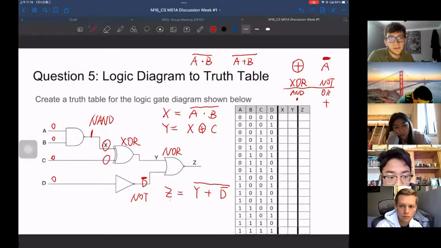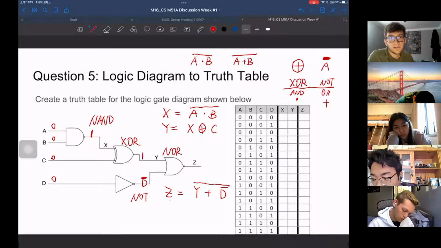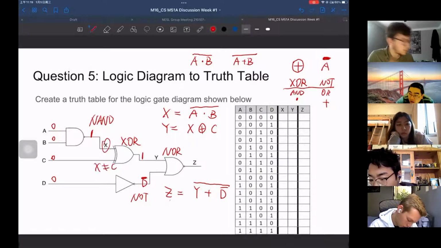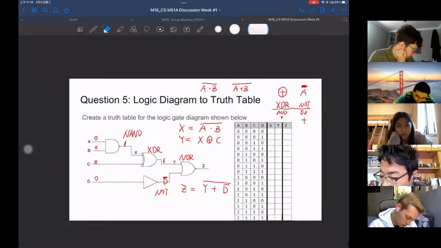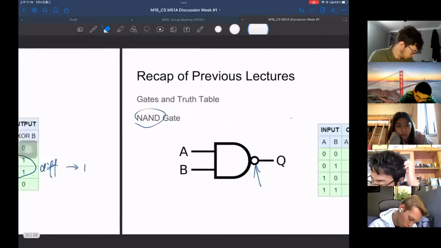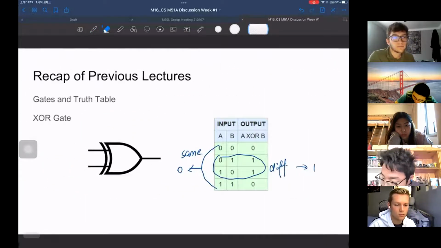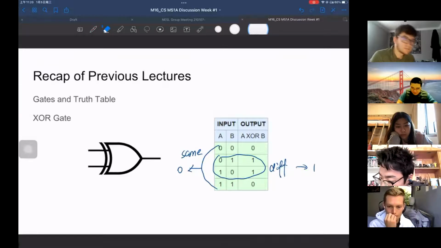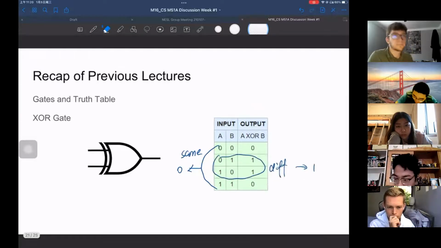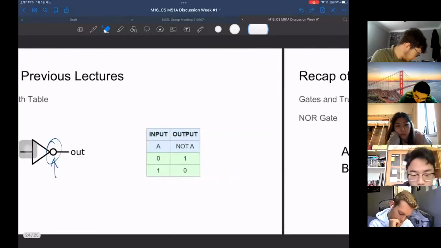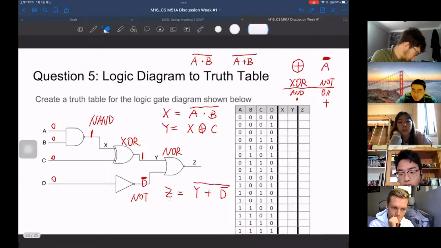It doesn't, 1 is not 0, so it will output 1, because the inputs differ. If you look at the truth table, if the inputs are different, the output is 1; if same, the output is 0. And D is 0. What's D not? It's 1, right?